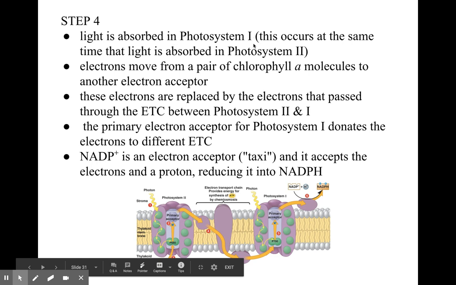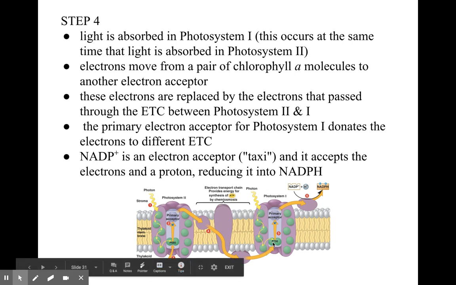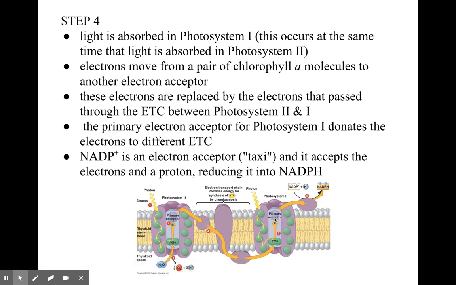All right. Step 4. Light in photosystem 1, which occurs at the same time as in photosystem 2, excites the electrons that were in the chlorophyll A, and they jump up to the primary acceptor. This primary acceptor now is going to give them to a different molecule called NADP+.